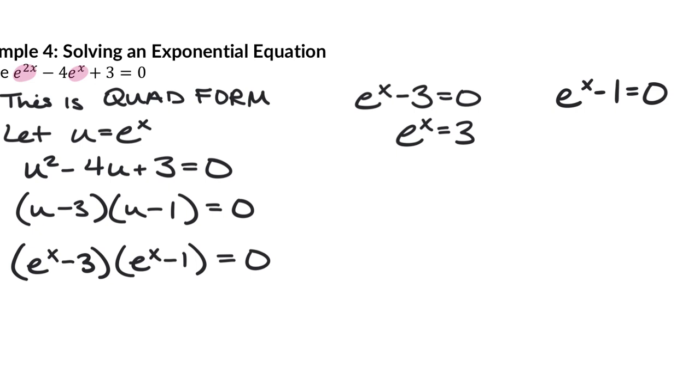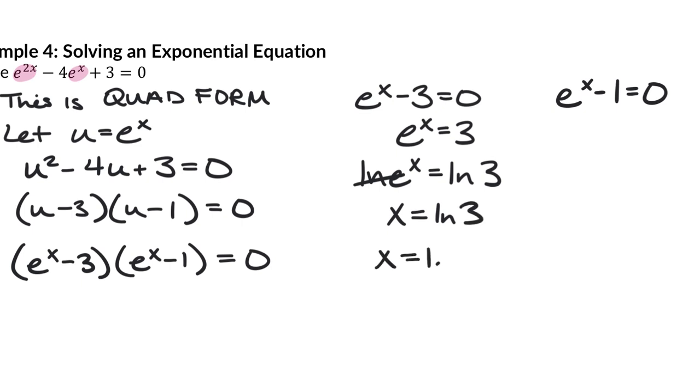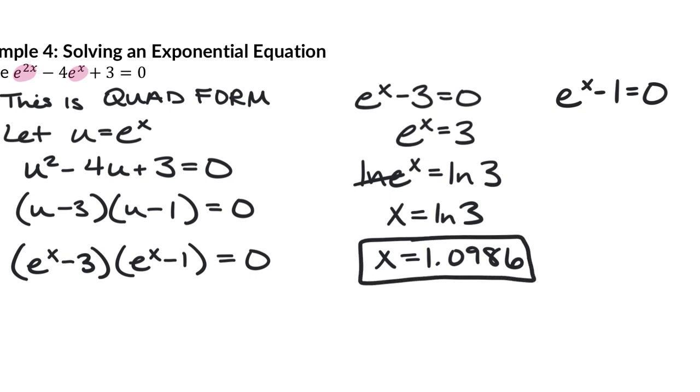We're going to take the natural log of both sides. We're going to notice that natural log of e cancels out, yeah? We're left with x equal to natural log of 3, which we would throw into a calculator, and it's 1.0986. That's one of my solutions.